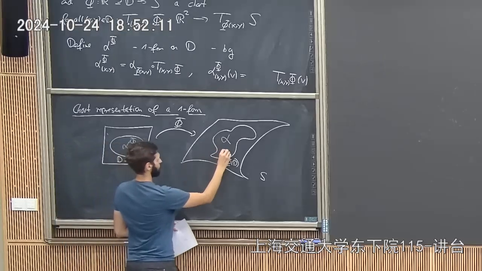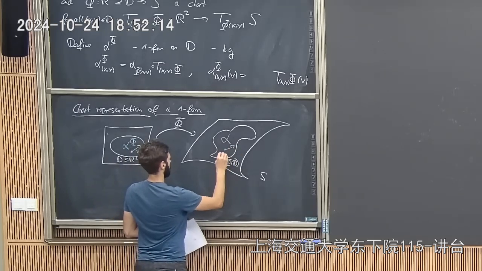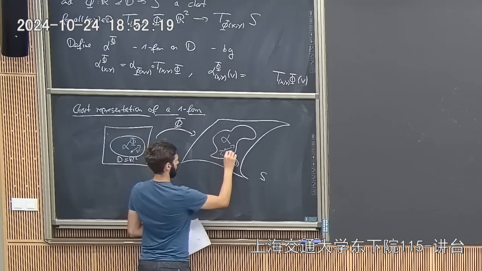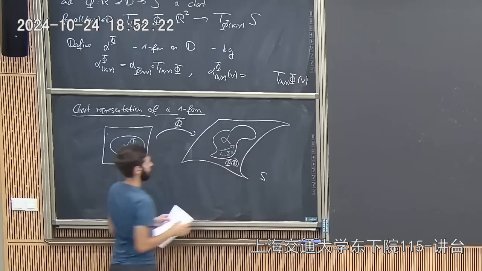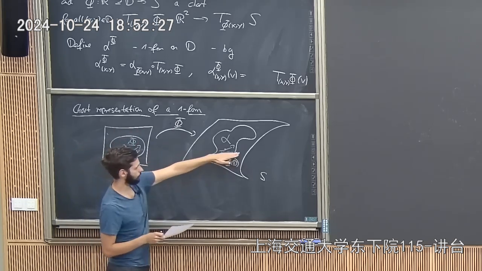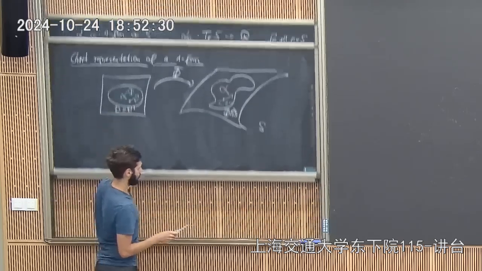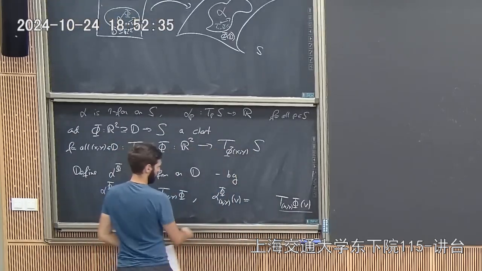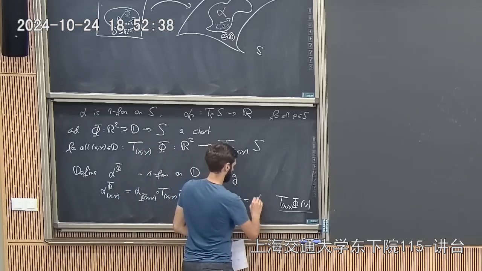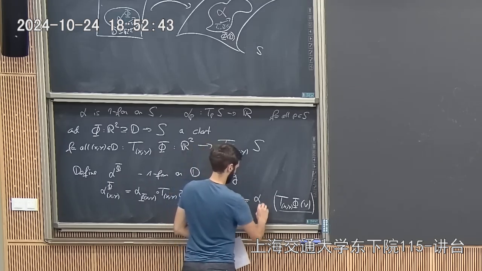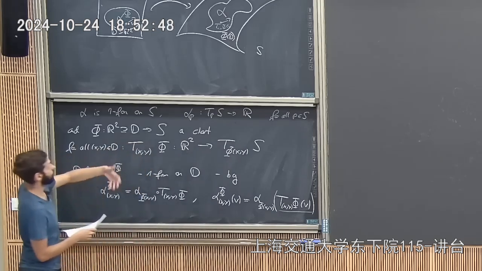What we do is we push forward the vector. We consider the map that sends this tangent vector in R2 to a tangent vector at the surface. That's this expression over here. Then we get a tangent vector at the surface, and we plug it into alpha, and for that we have to match points.